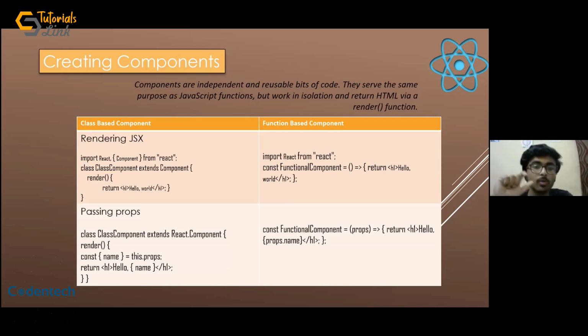This is how we pass props in a class-based component. And in function-based components, the props are passed as we normally do in an arrow function. We pass the props in the brackets, and similarly we get props dot, let's say, name or ID, whatever the component props you are passing. And if it has subdivisions, you can access them with the dot attribute. Okay.